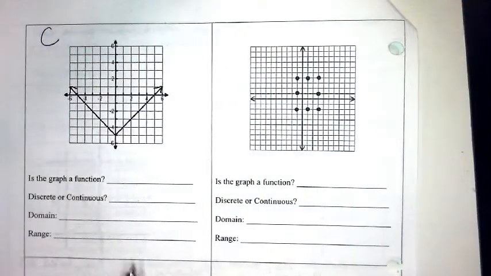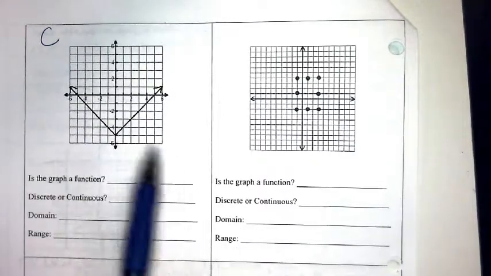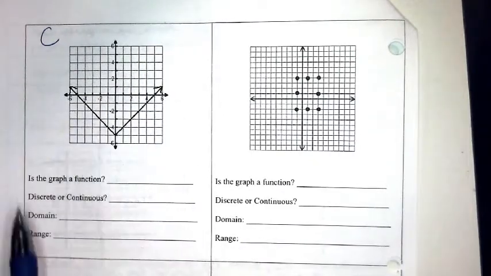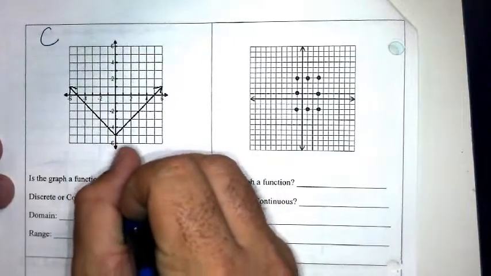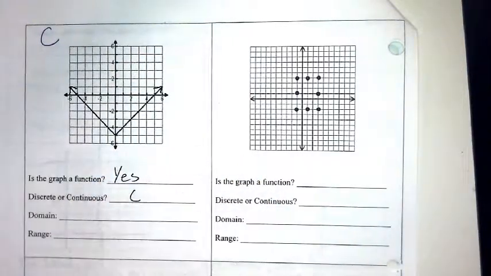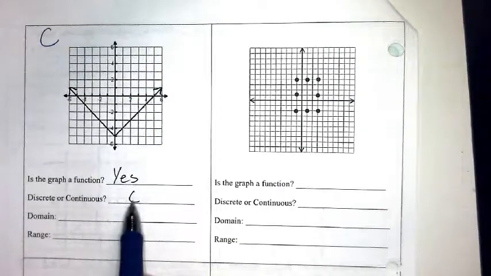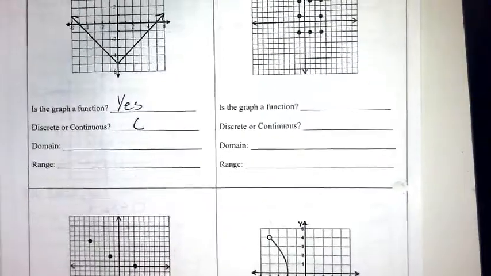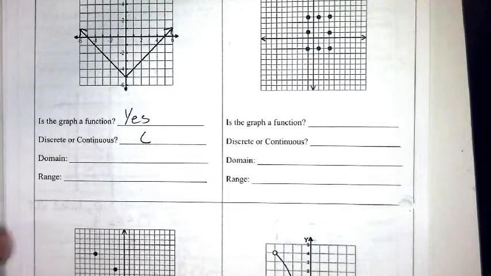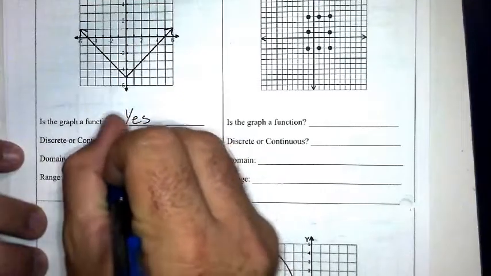Would this pass the vertical line test? This is an easy one. Yes, you can visually see it would pass. So that means it is a function. And again, yes, it is continuous, so I put my C there. My domain, or my x values, less than and less than there. X values, furthest left and furthest right. What symbol do I have at the end of those lines?